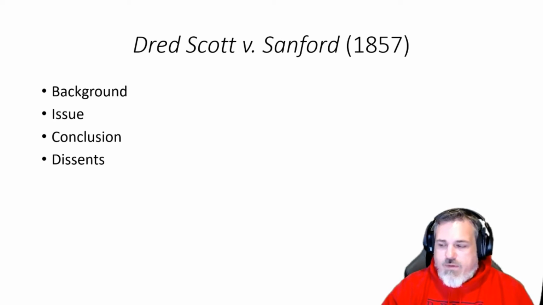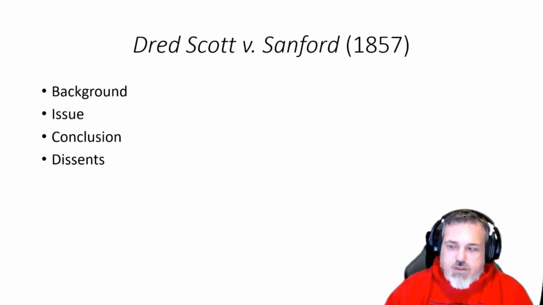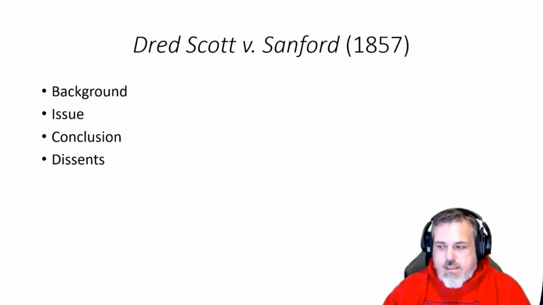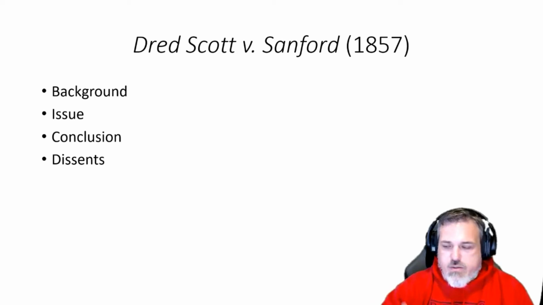So what are the facts in this case? Well, Scott in this case was a slave in the state of Missouri belonging to an individual by the name of Emerson. In 1834, Emerson travels and takes Scott and Scott's family to Illinois. In 1834, Illinois was a free state. So Emerson takes Scott from Missouri to Illinois and crosses state boundaries into a free state.